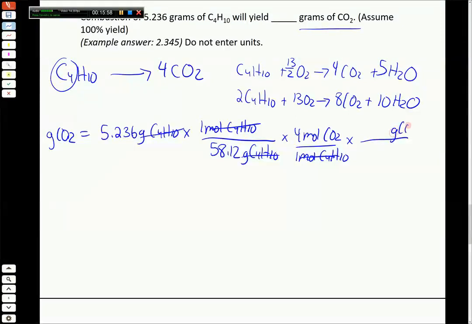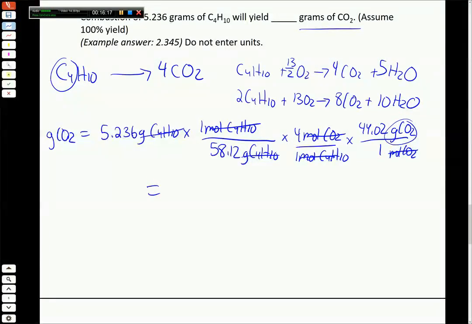We want grams of CO2 for every mole. And the molar mass of CO2 is 44. So moles cancel out, and that gives us grams of CO2, which is what we're looking for.